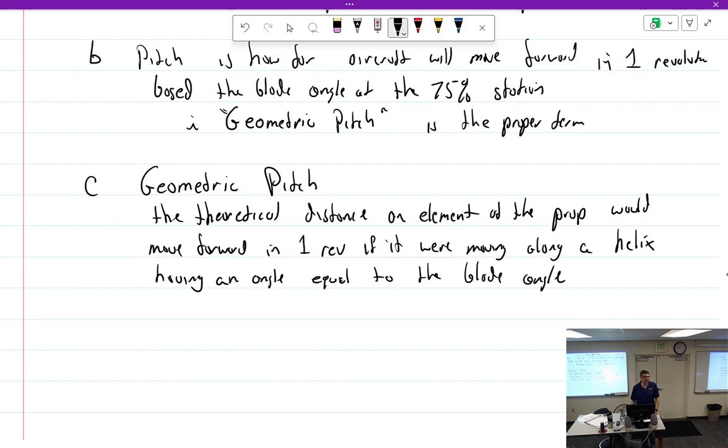That's a lot of words for saying it's how far the blade would move forward in one revolution if you took the blade station at 75% and had a certain twist to it, and how far you would go forward if you calculated this out and we were in a solid. So it's not accounting for any slip whatsoever. It's moving along a helix that has the same angle as the blade. No slip.